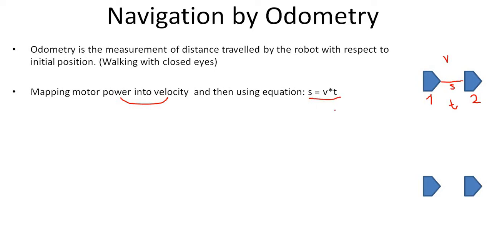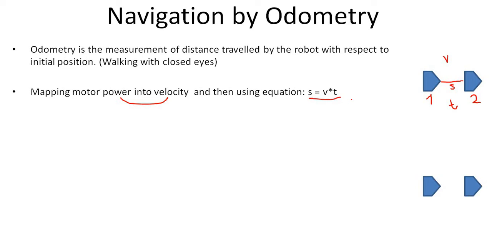So this is the simplest example of odometry. Of course, I have taken the linear model of the odometry, only linear motion for simplification. But if you take some turns, then it will become more and more complex.